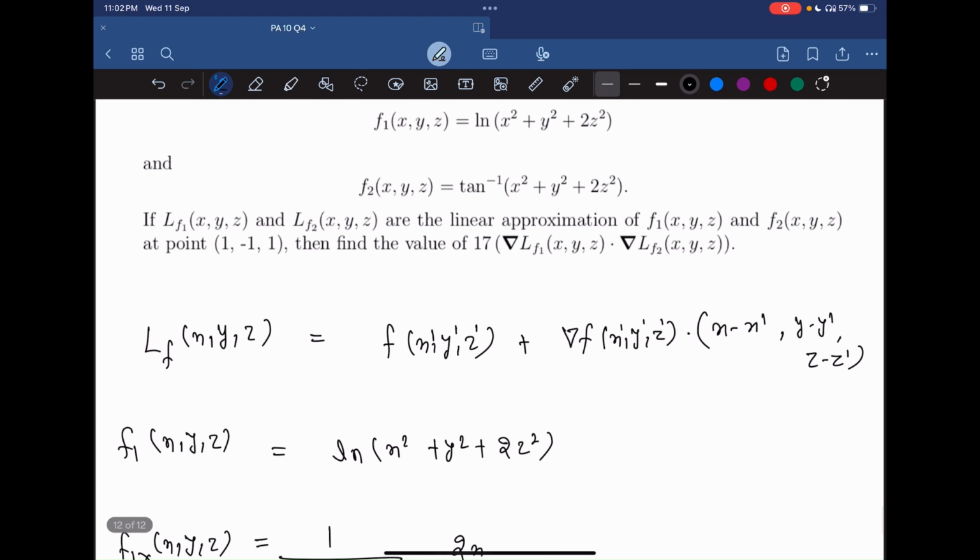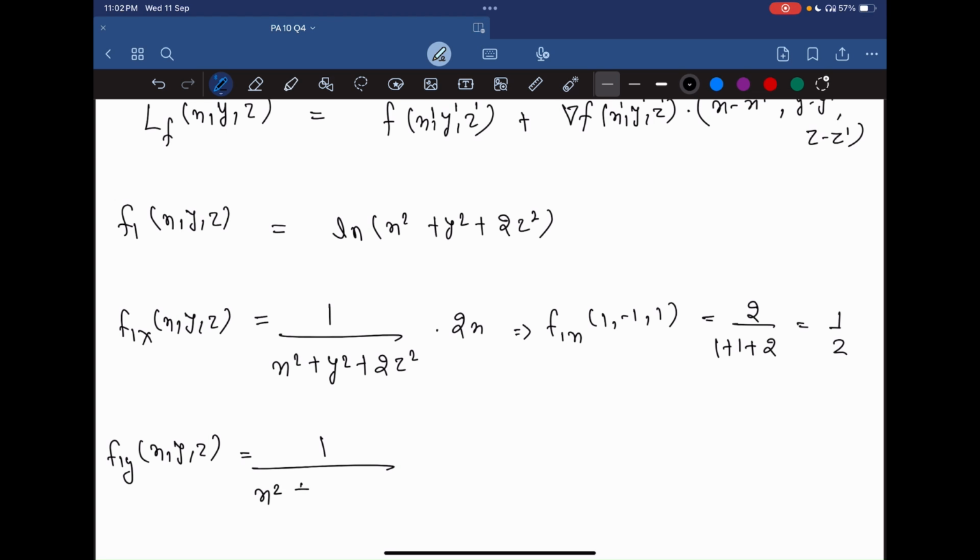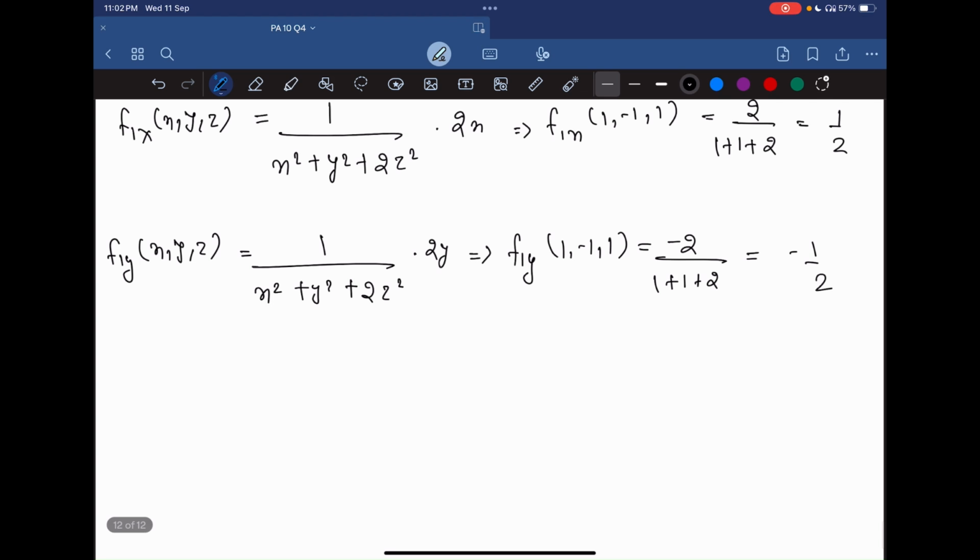And as we need to calculate it at the point 1 minus 1 1, this would become 2 upon 1 plus 1 plus 2, that is 1 by 2. Now similarly we are going to do the rest of the partial derivatives. For y, this would be minus 2 because the y here is negative, so this would become minus 1 by 2.